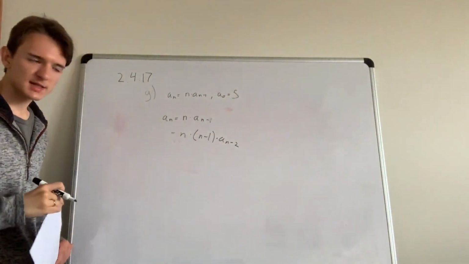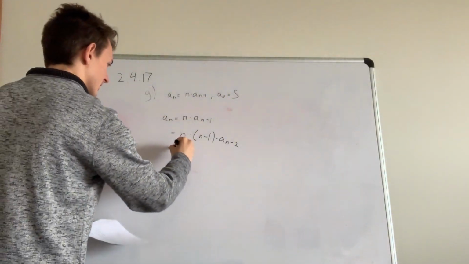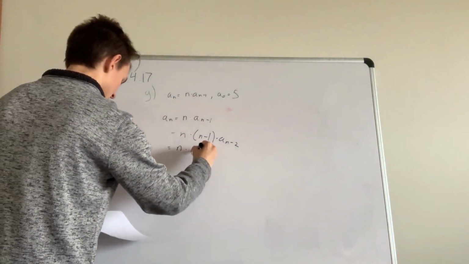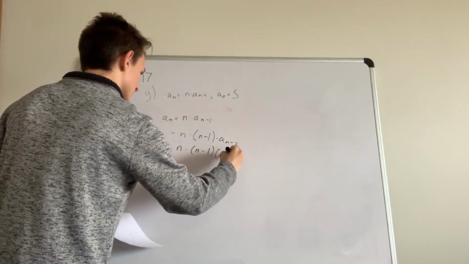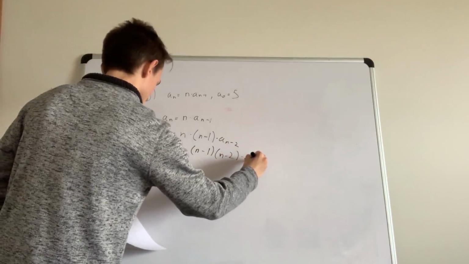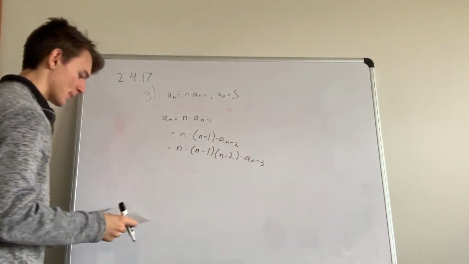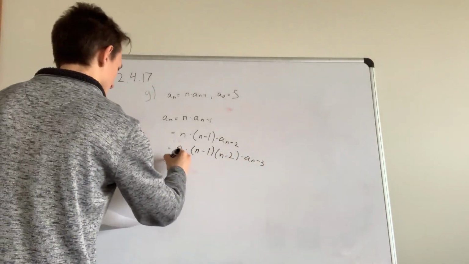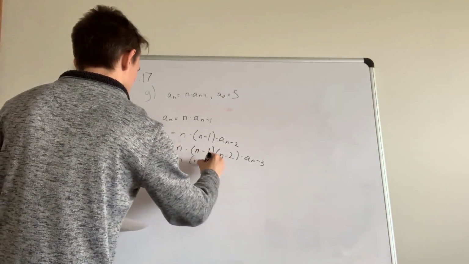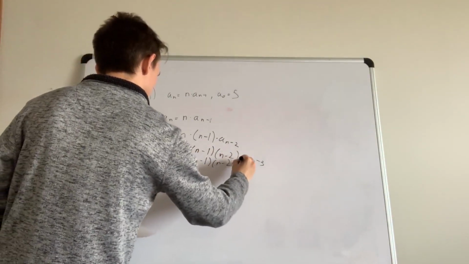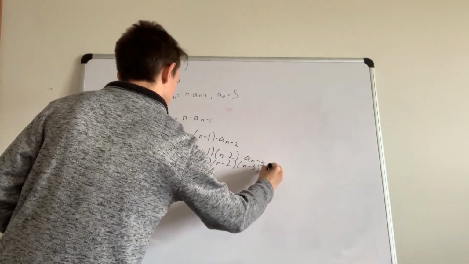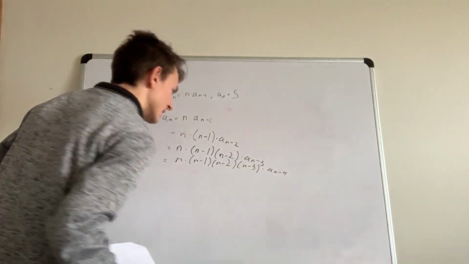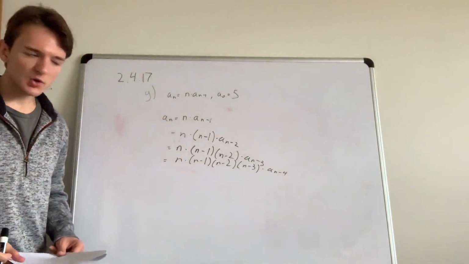Okay, what comes next? Well, n times n minus 1 times n minus 2 times a of n minus 3. We continue. N times n minus 1 times n minus 2 times n minus 3 times a of n minus 4. And we can already see a pattern emerging, right?